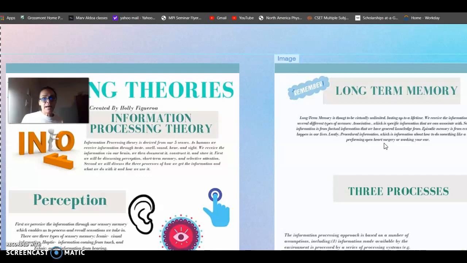Say a surgeon is going to do heart surgery. He goes into his memory bank, from long-term memory, because he's done the surgery before. So those are the two kinds of memory.